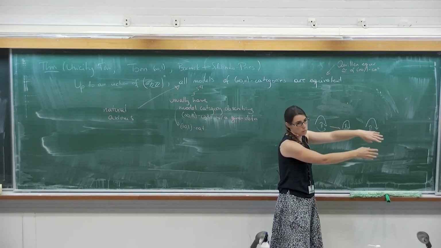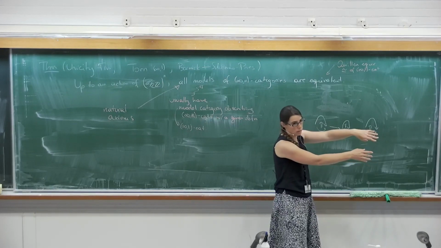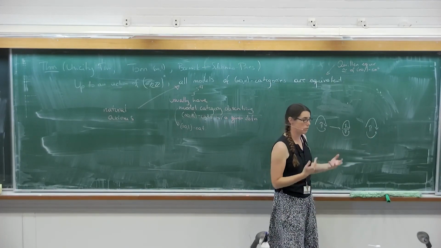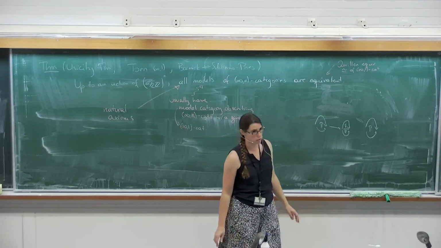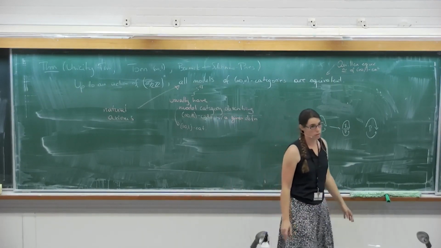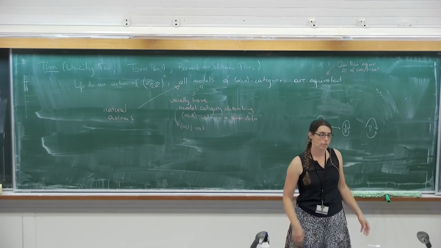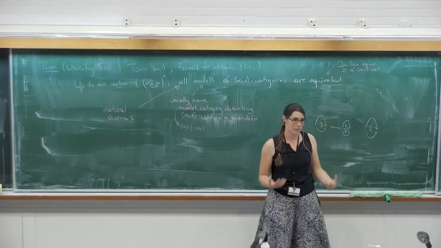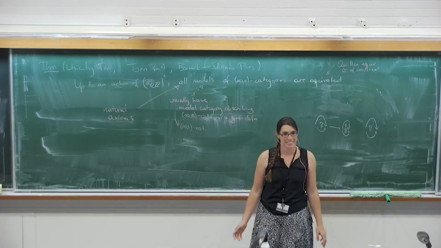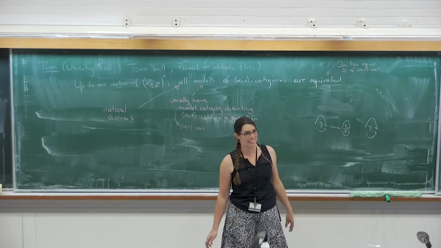And pasting means composing morphisms. So it's a compatibility of how to compose things. That's one of the axioms. Fairly natural, but it takes a while to digest them. It sounds scarier than it is.